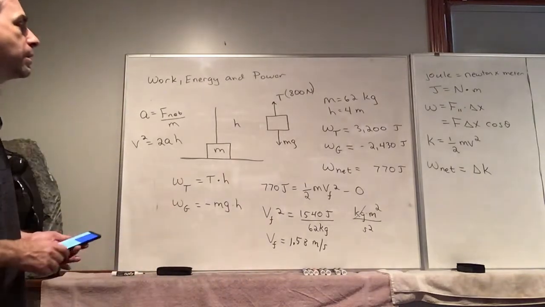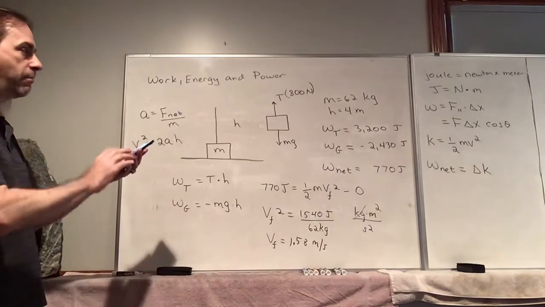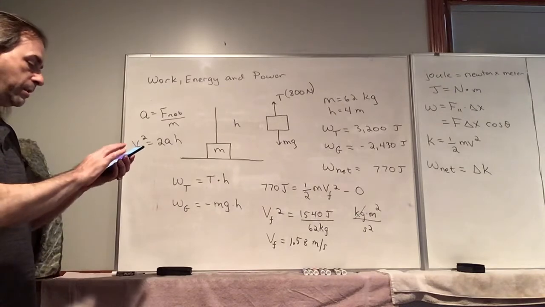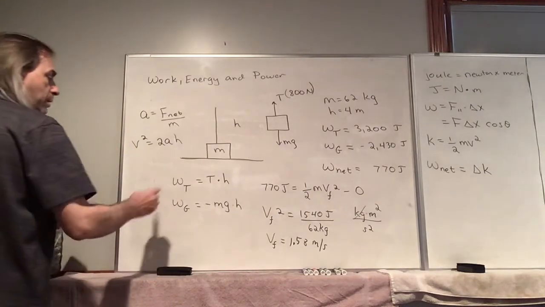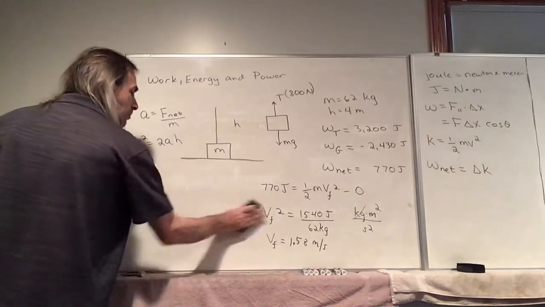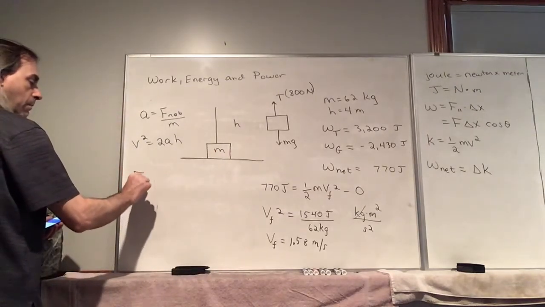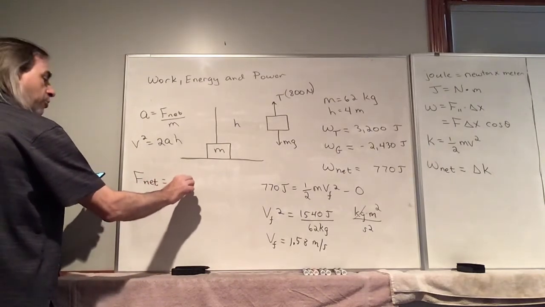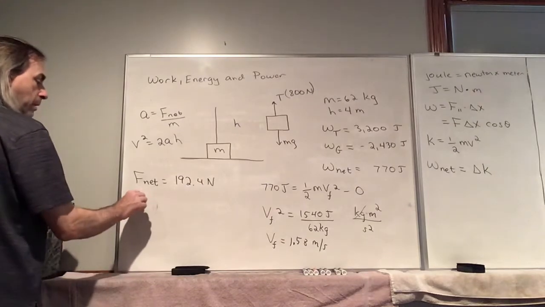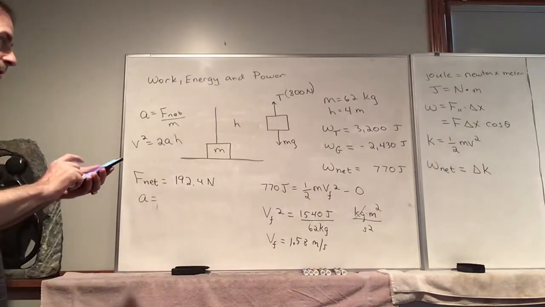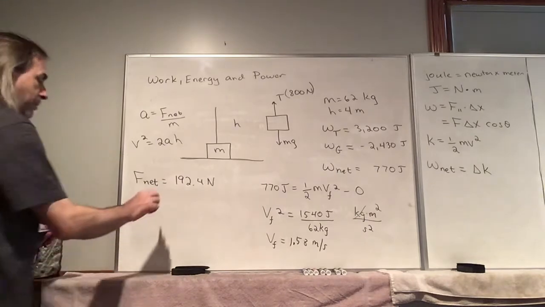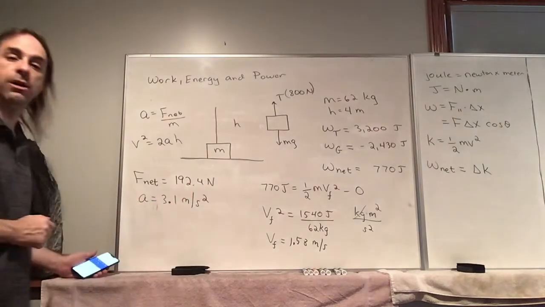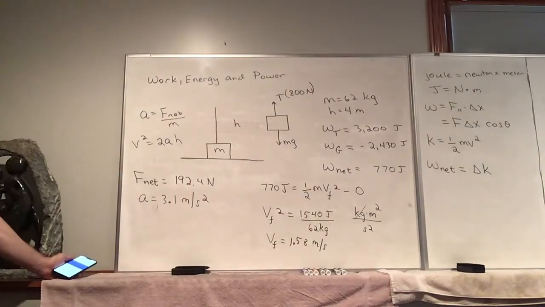So the net force, let's look at the weight, 62 times 9.8, that's 607.6. So the net force is 192.4 newtons. So for the acceleration, we divide that by 62 kilograms. We have an acceleration of 3.1 meters per second squared.